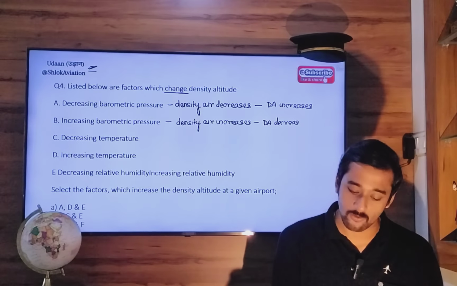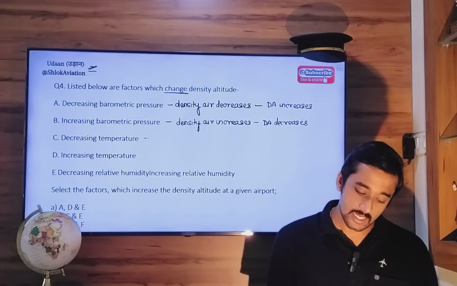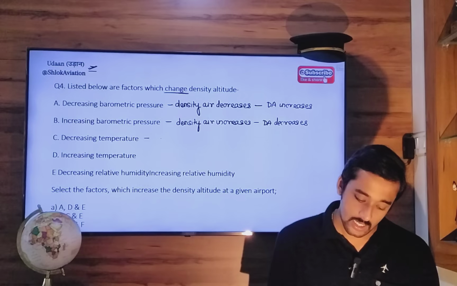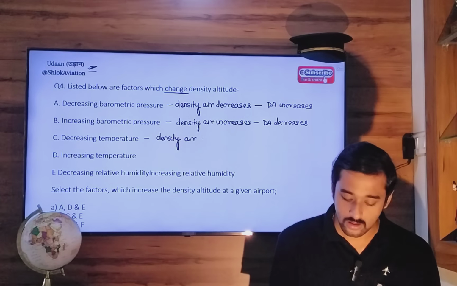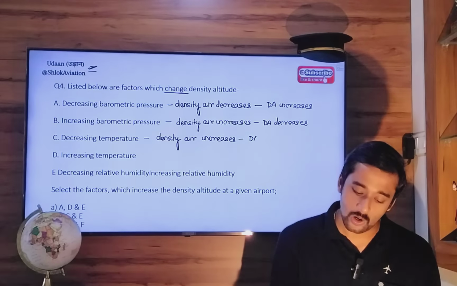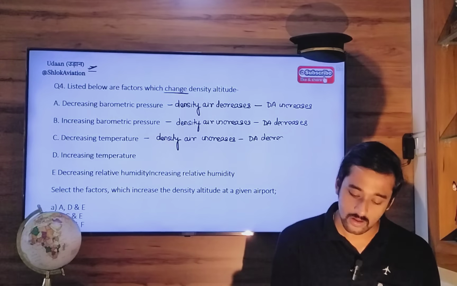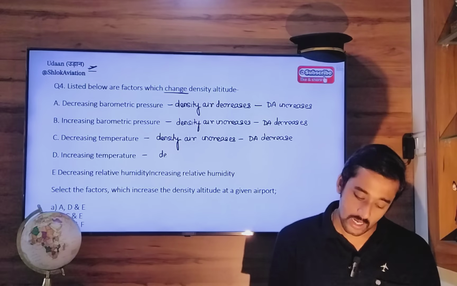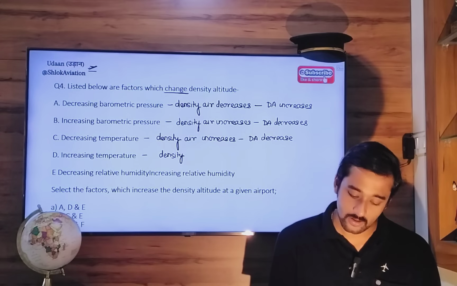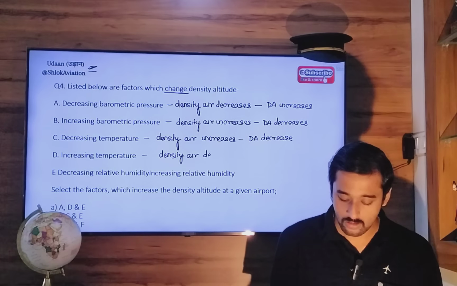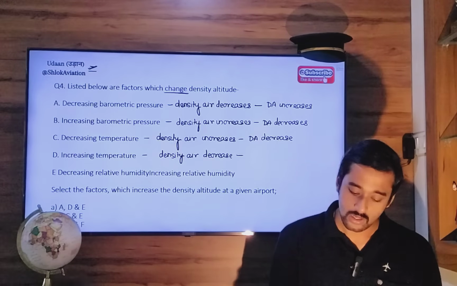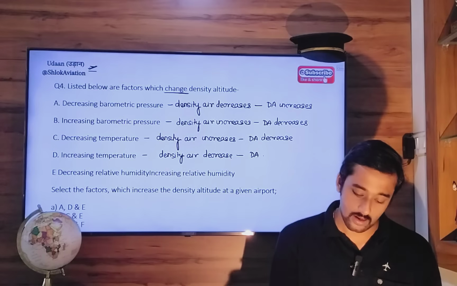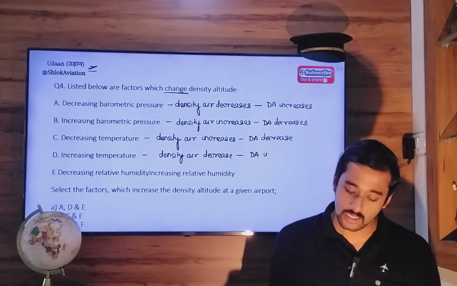It's good for performance. Decreasing temperature means cold temperatures increase the density of air. So density altitude will decrease. Increasing temperature, hot temperatures will decrease the density of air. Density altitude will increase.